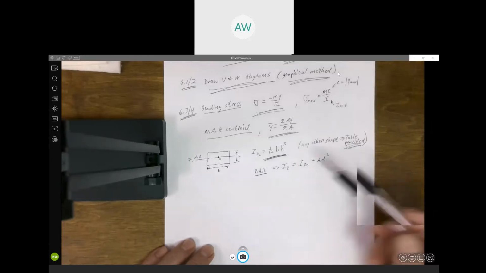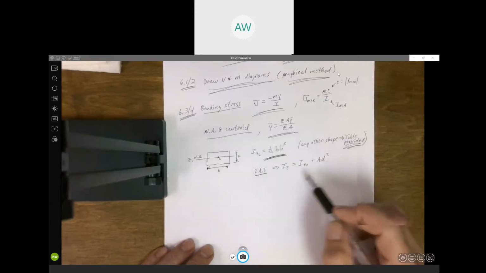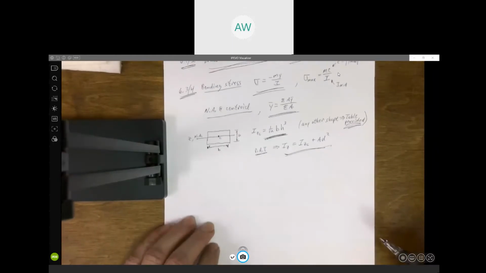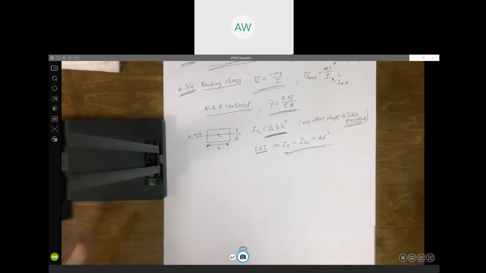Again, this is nothing new. You should already know how to find a centroid and how to apply the parallel axis theorem. Hopefully you do. If you don't, make sure you know how to do that before Monday. And that was chapter 6.